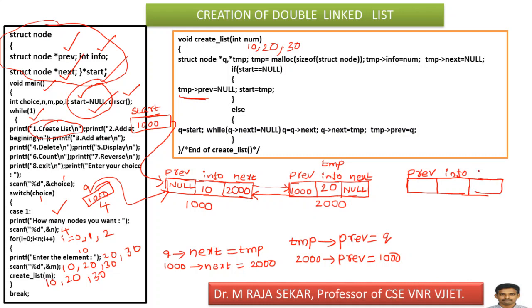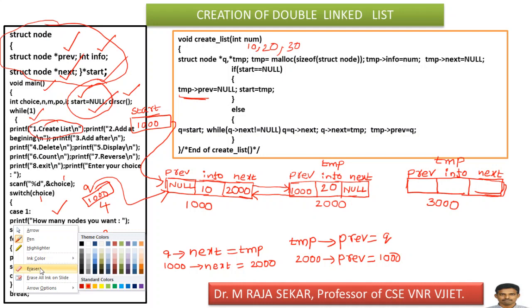Next. Isn't it? This is next. This must be the case. Isn't it? Let me say this address is 3000. Now what happens? This must be the TMP. Isn't it? Now let me erase.